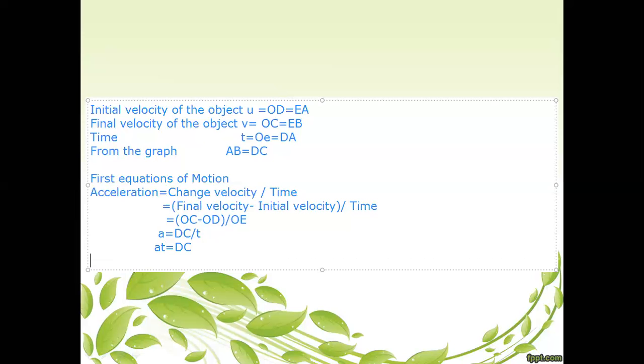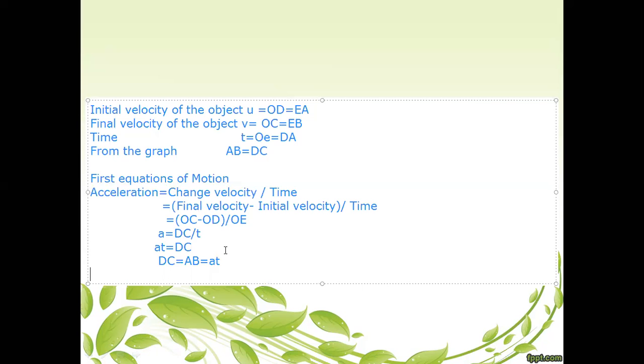So DC equals AB equals aT. From the graph, EB equals EA plus AB.